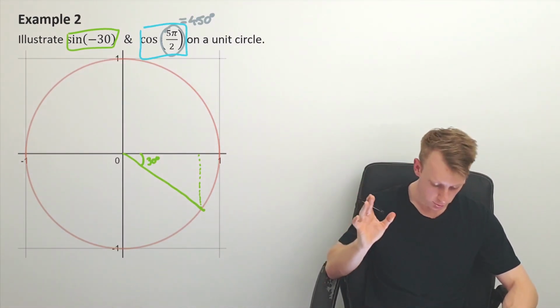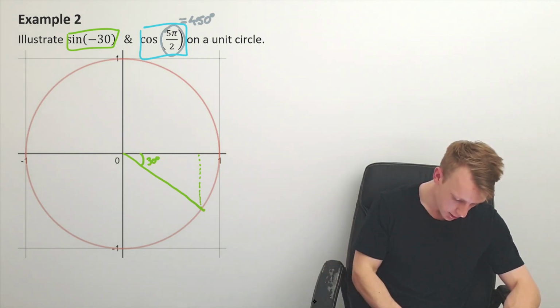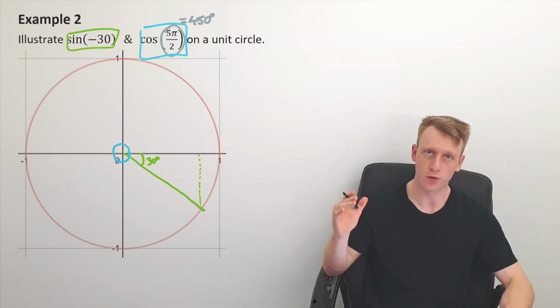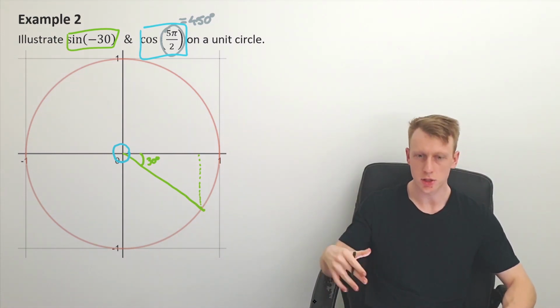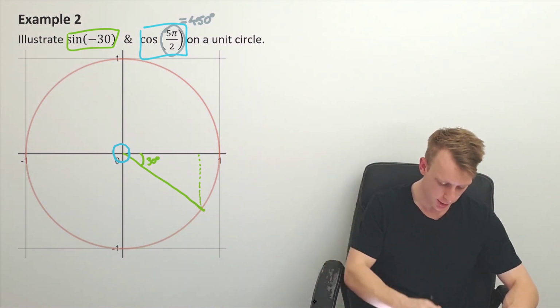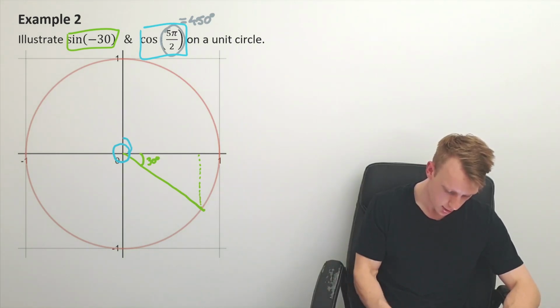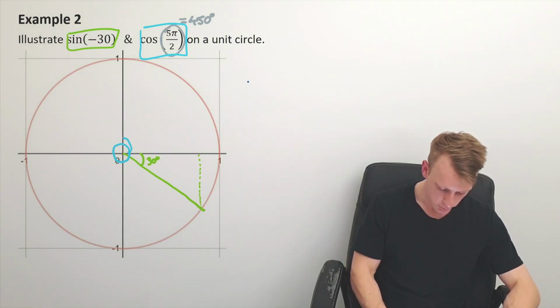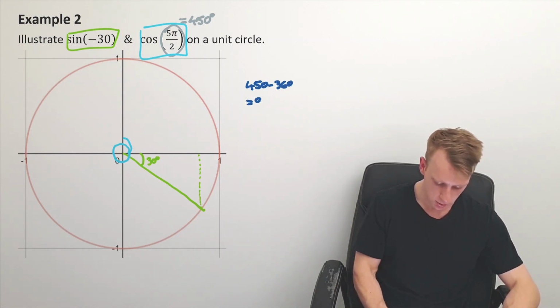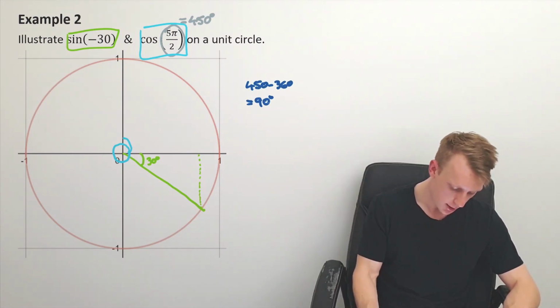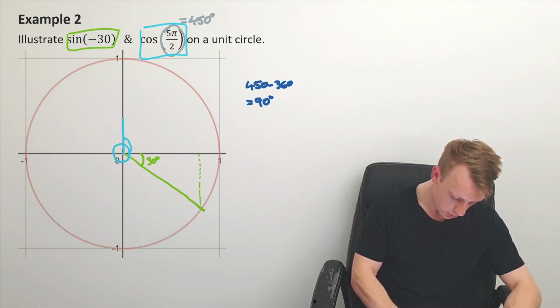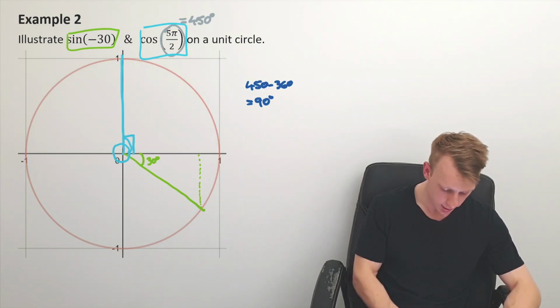Cos of 450 degrees. You can imagine if you go around 360 degrees, you've done a full circle, and then you would just need to continue going around another 90 degrees. That's because 450 subtract 360 is equal to 90. So you go around another 90 degrees, and that would be this point, which would give us a right angle at 90.